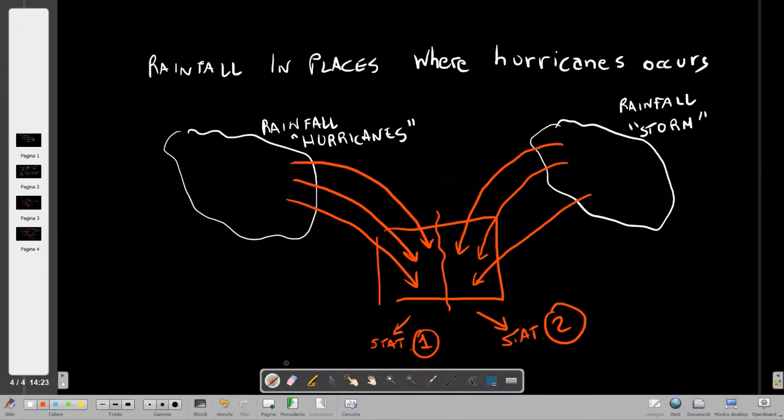Now, why are we talking about hurricanes or normal storms? Indeed, when we talk about the water discharge time series, actually the time series can be long enough.